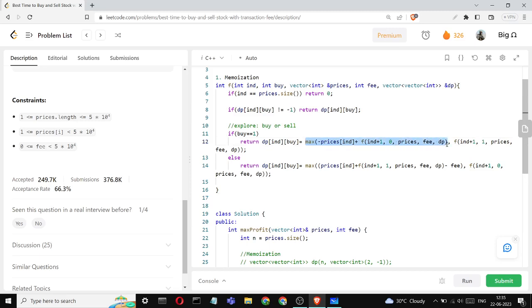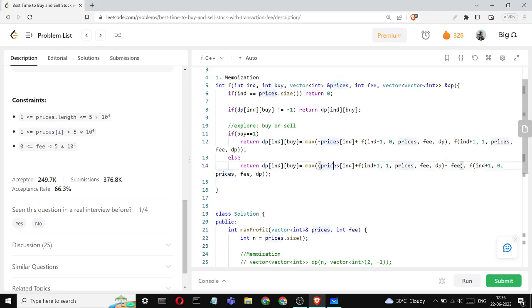Or I have another possibility, I don't want to buy, so in that case go to the next index with the same 1. Why 1? Because you will be buying on the next index, since you have not bought this time. Another possibility is, this is the time of selling, so either you can sell. When I sell, I will get the price of the index in positive, and with this I will subtract the fee value, because I'm done with one transaction, one buy plus one sell.